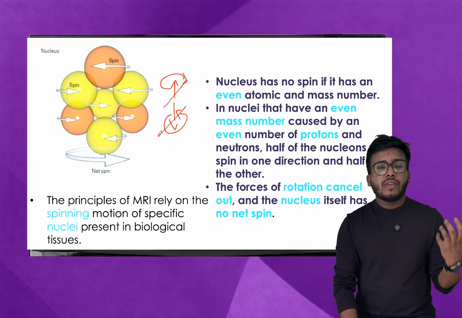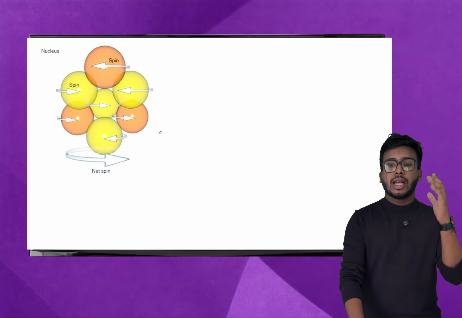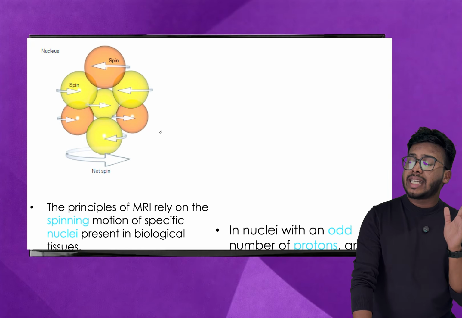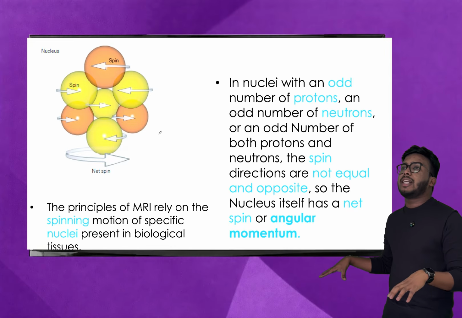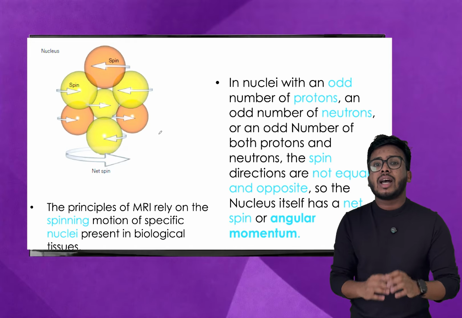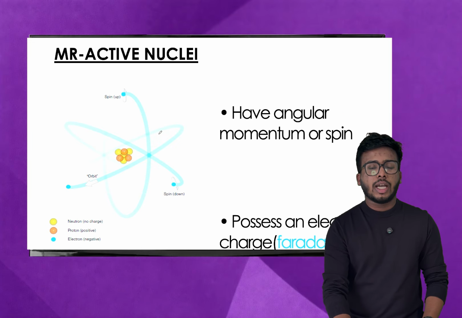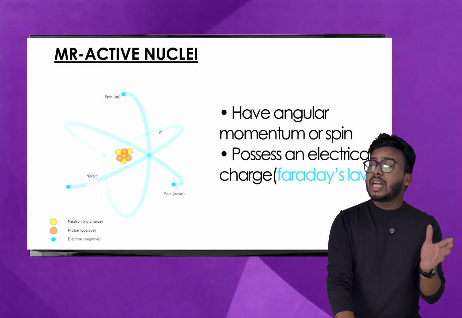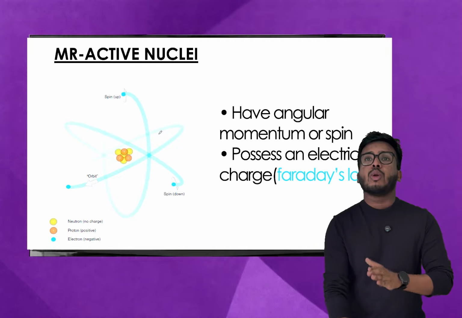Clear? So why are we using hydrogen as the MRI active nucleus? The primary reason is abundance, and the second reason is that it has a net angular momentum, net spin. The principle of MRI is based on the movement of this nucleus or proton inside the nucleus. Clear? So we have examples of MRI active nuclei. To consider an element as an MRI active nucleus, it should have a net angular momentum.